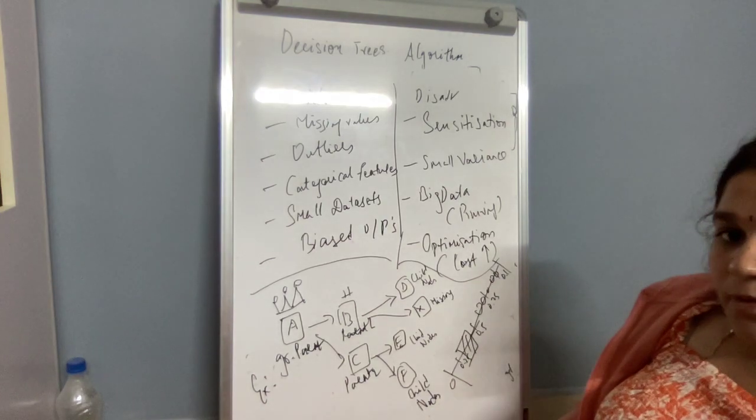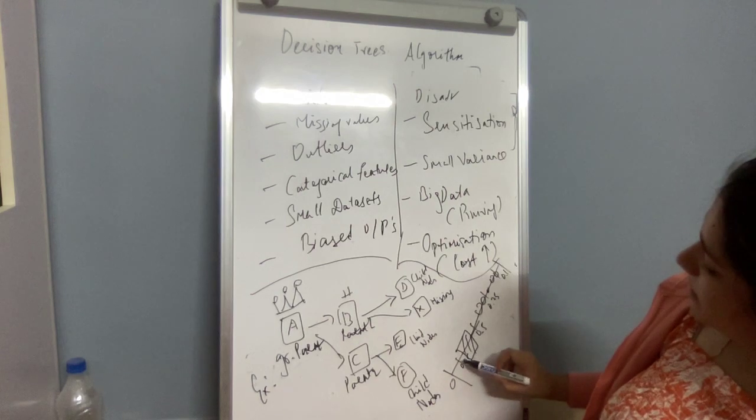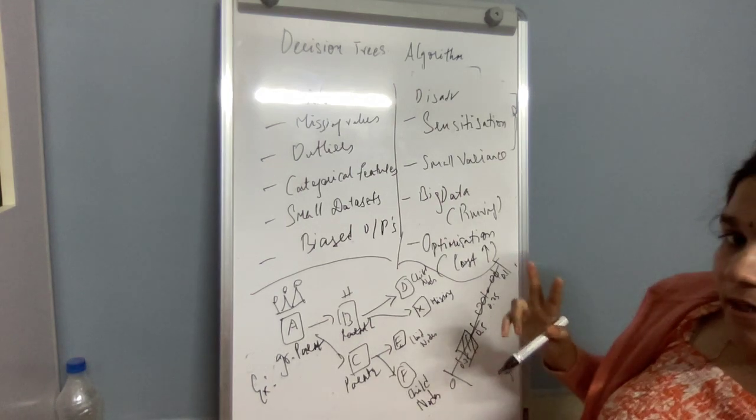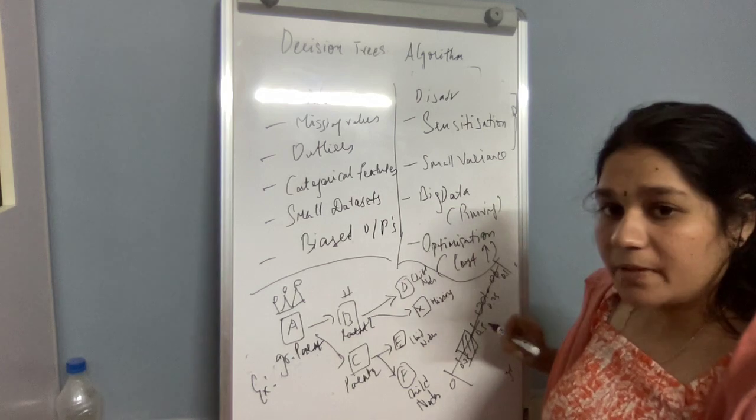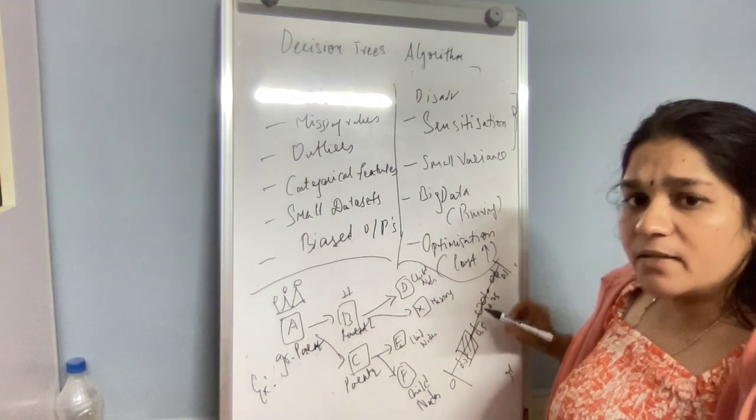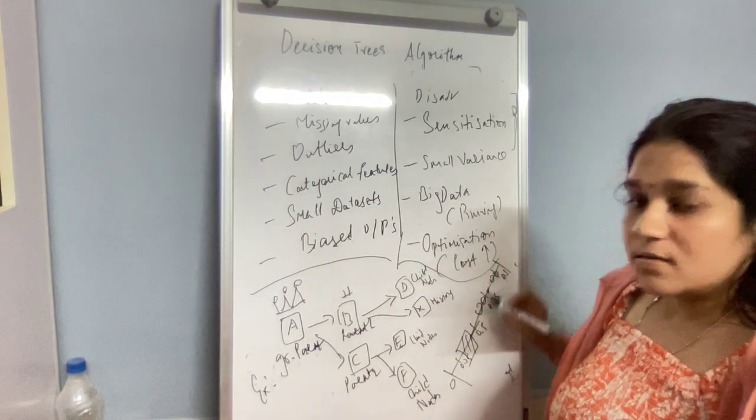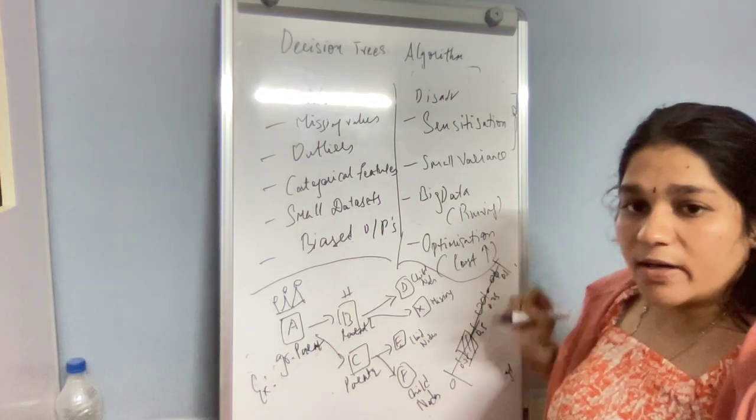So this is my box plot. Most of my data is present between the second quartile range, between 0.25 and 0.5. And here I have drawn some circles, which are outliers.